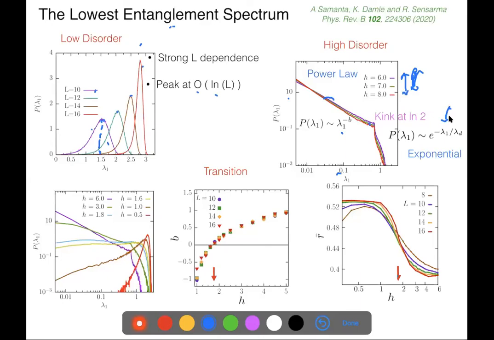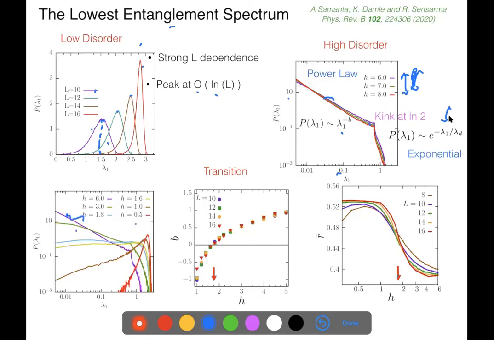I see, so it's not self-averaging, as far as the distribution over H is concerned. Okay, thank you.